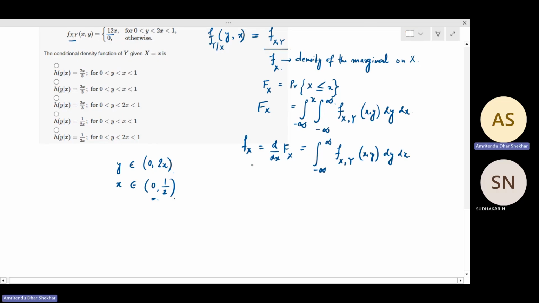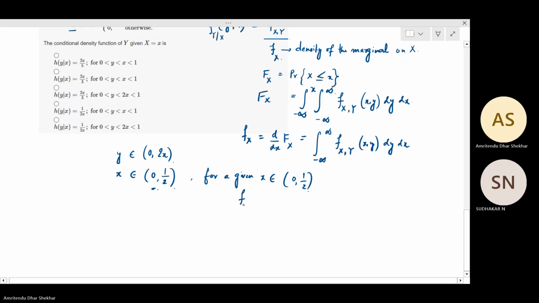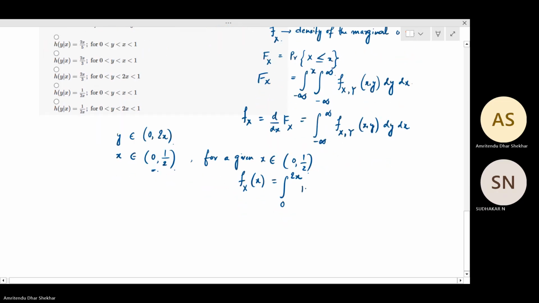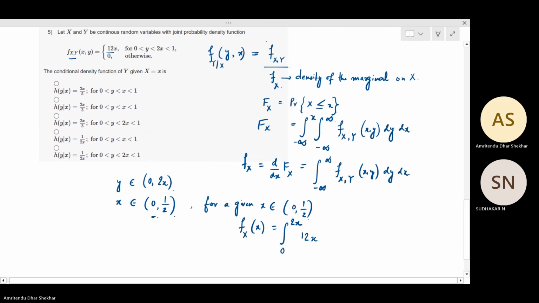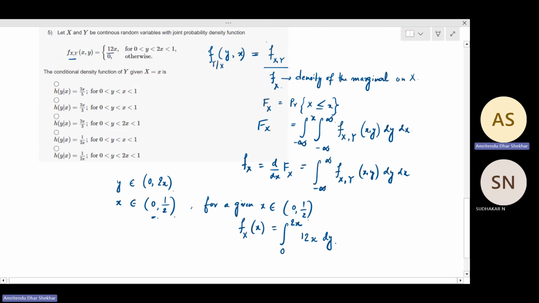In other words, in this case, it's just going to be equal to, for a given x in 0 to half, the integral over y. So it should be clear how to solve this problem.